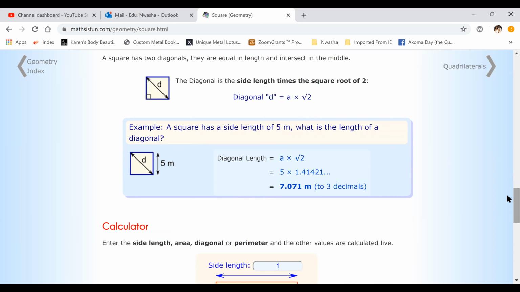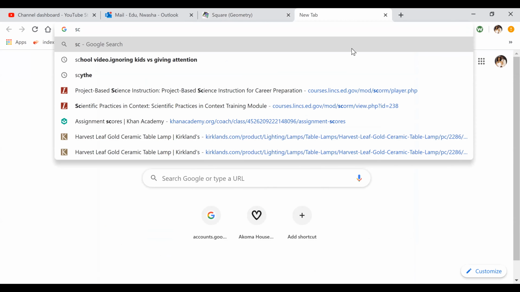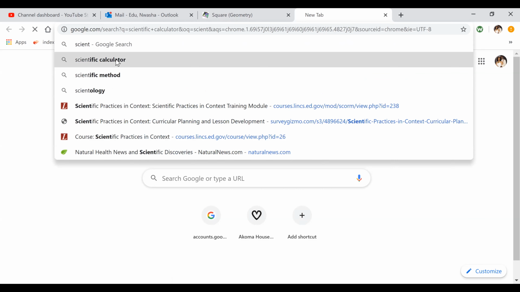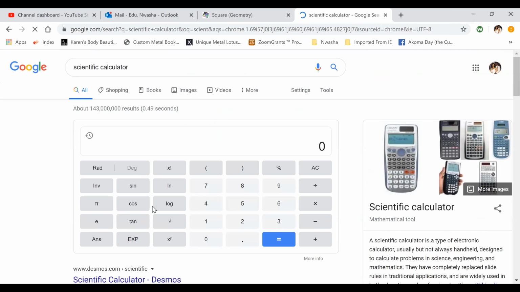So make sure you can Google a scientific calculator if you want to. We were using this one, the Web 2.0 one, but if you just say scientific calculator, one comes up on Google that has the square root key right here.